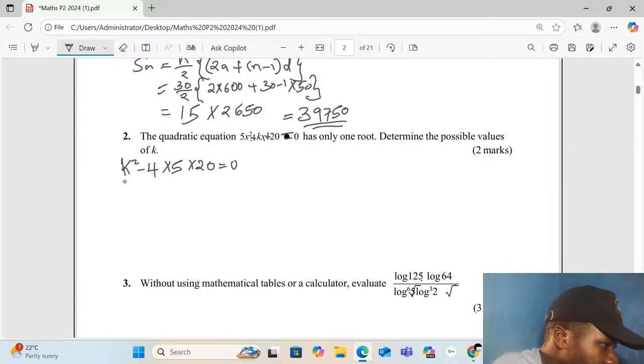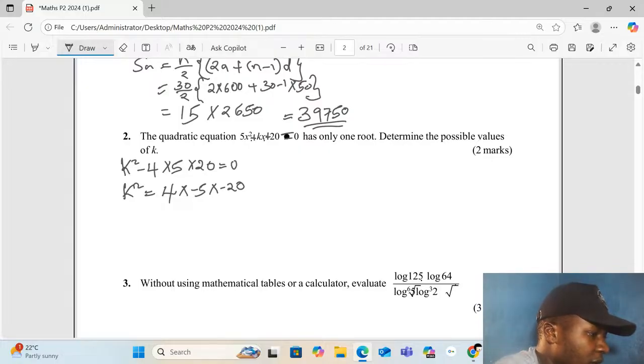So k squared is equal to 4 times 5 times 20, which gives 400.